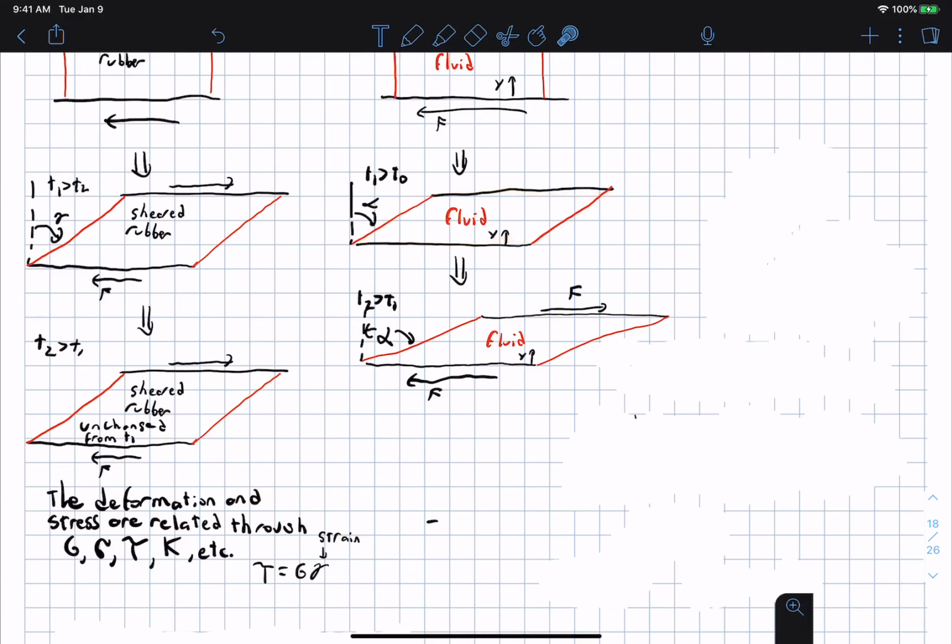Okay, because basically that means I'm applying the same force, and this angle keeps growing. That is, the total amount of strain keeps growing and growing and growing. But yet you intuitively would not expect the stress to keep growing and growing and growing, because you're applying the same force. I mean, that doesn't make any sense.